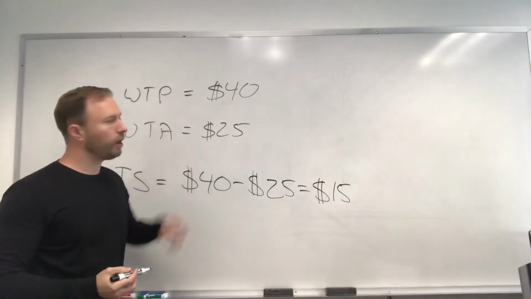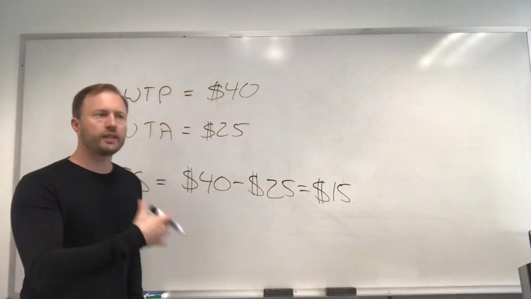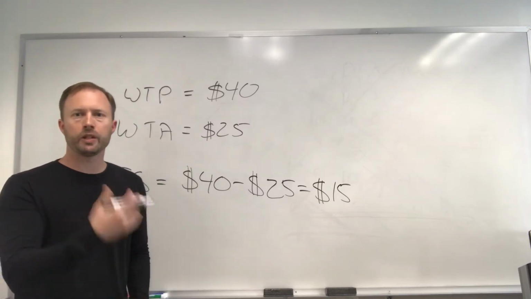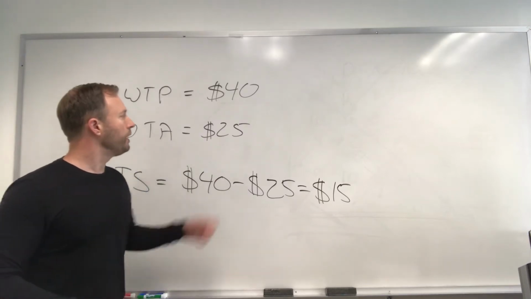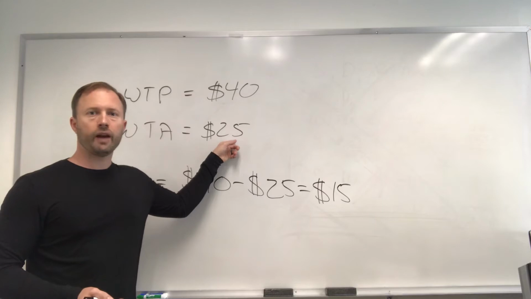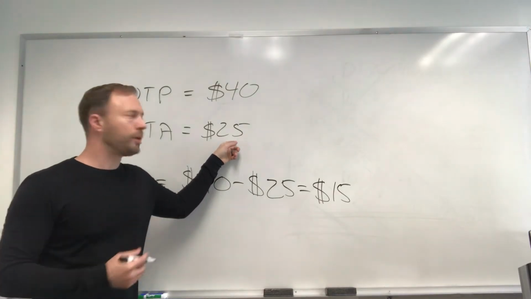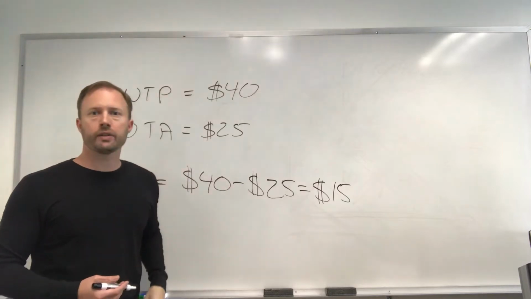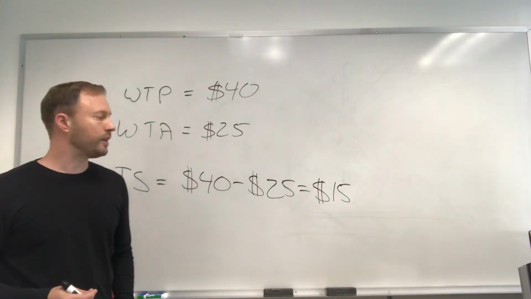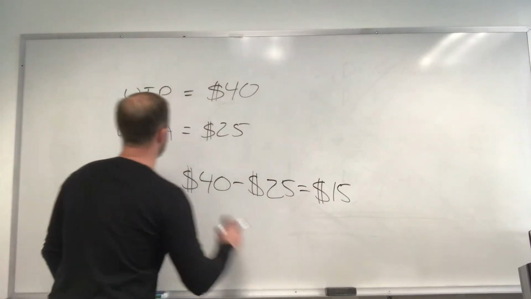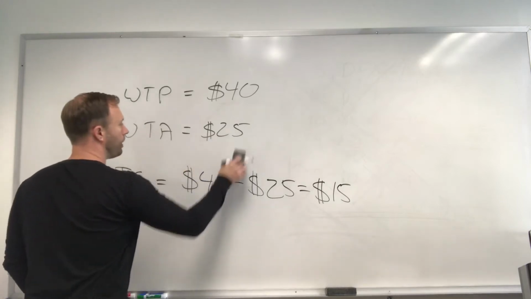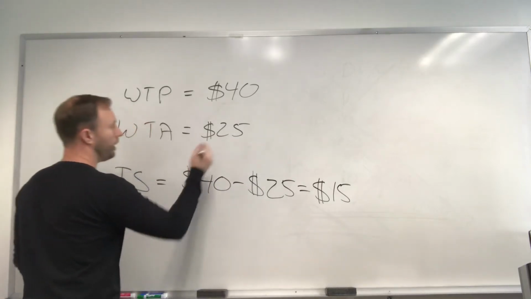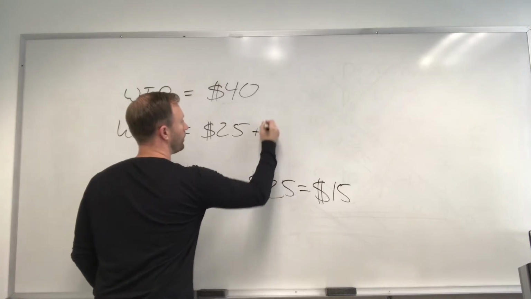This $25 represents just his costs of his time and of the materials he's going to use. But when the government is also collecting a $5 tax from him every time he cuts somebody's hair, well, he's got to factor that into the lowest price he would be willing to accept as well. So this is going to change from $25 to 25 plus 5.